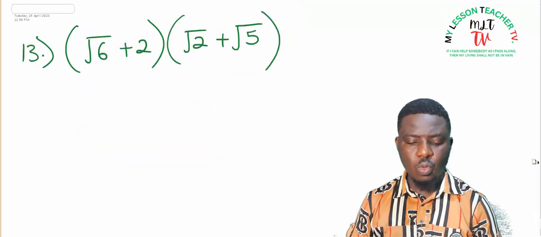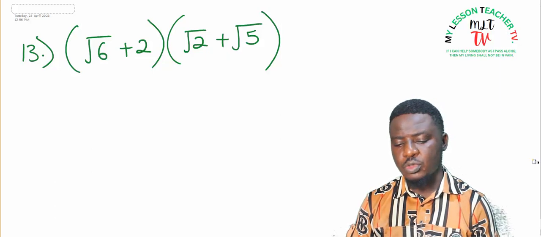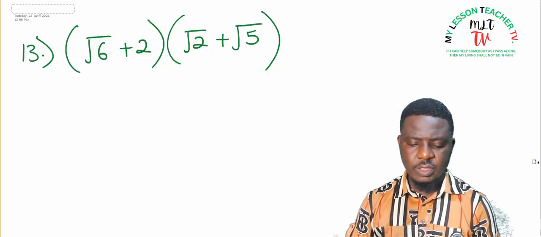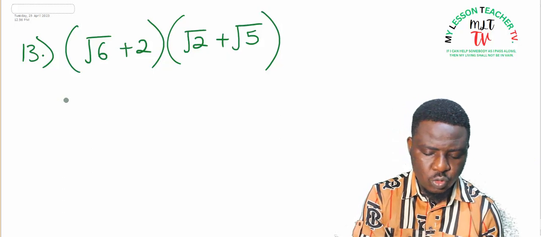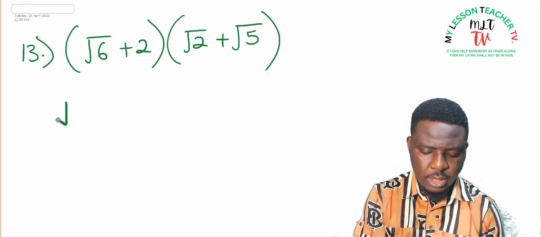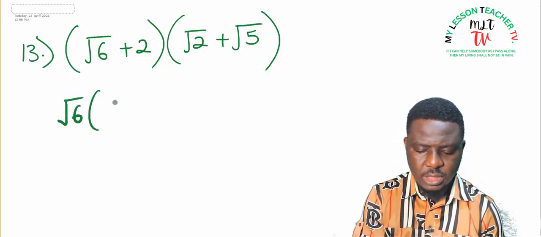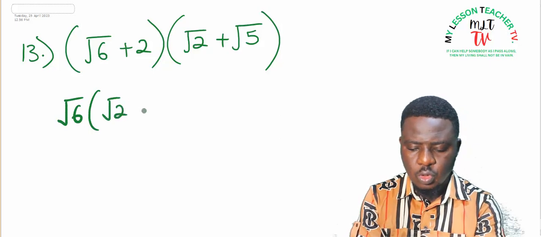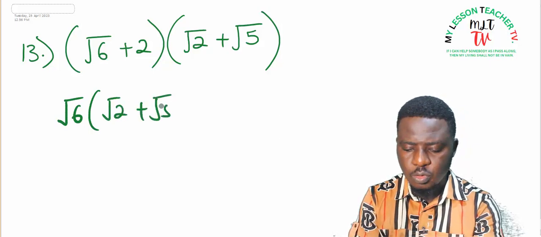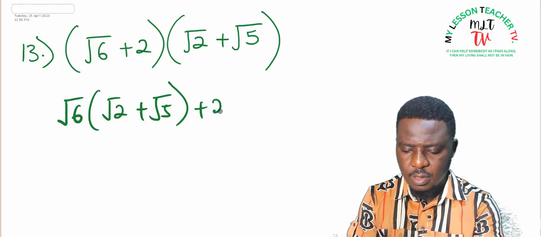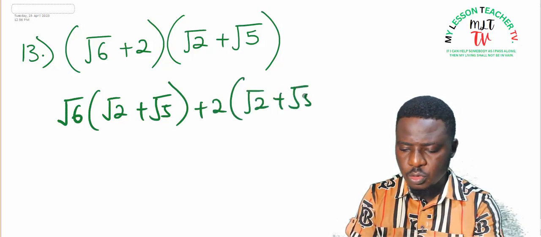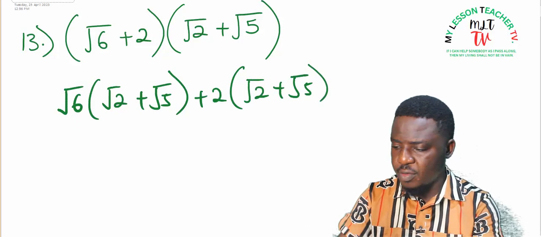Question 13. We are to multiply bracket root 6 plus 2 into bracket root 2 plus root 5. Splitting the first bracket into 2 and multiplying with the second bracket, we have root 6 into root 2 plus root 5, plus 2 into root 2 plus root 5.